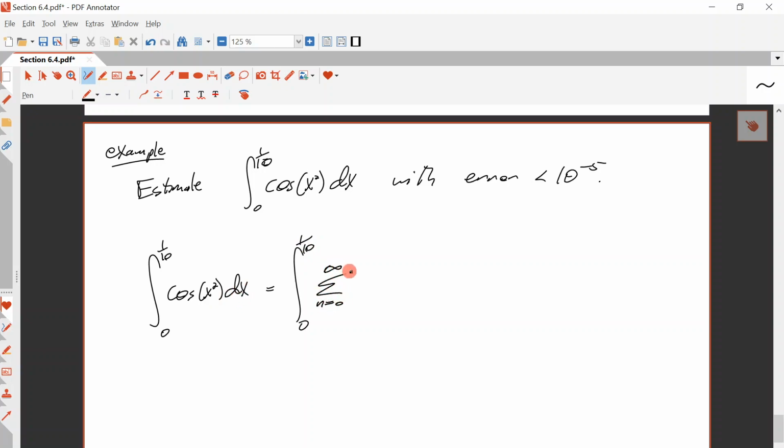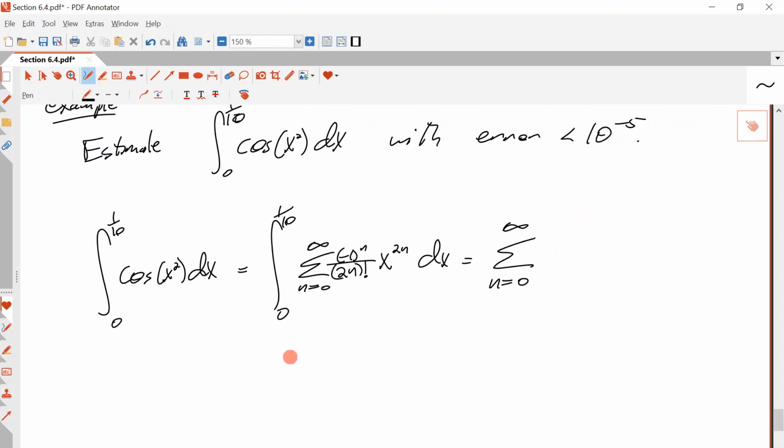It's the sum n equals 0 to infinity of (-1)^n over (2n)! x to the 2n, which the antiderivative is the sum of (-1)^n over (2n+1)(2n)!, x to the 2n plus 1 evaluated from 0 to 1/10.